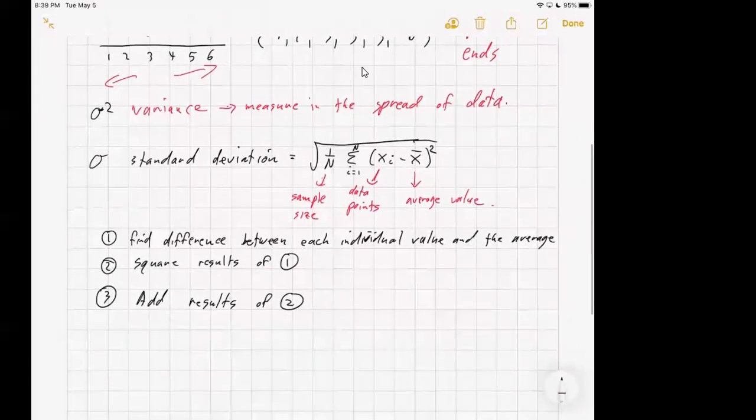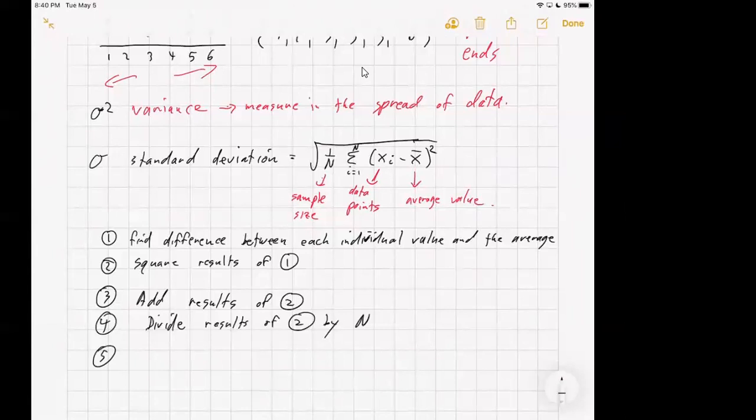And then the fourth thing we do is we divide the result of 2 by the number of data points, the sample size.